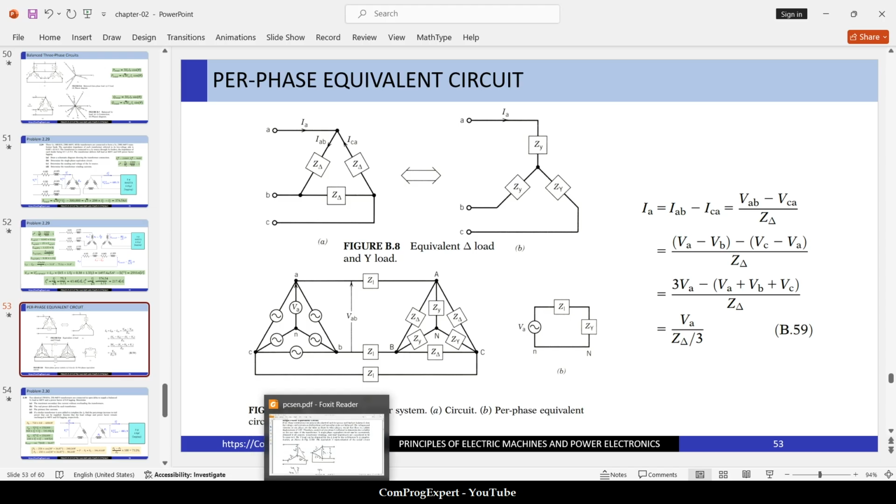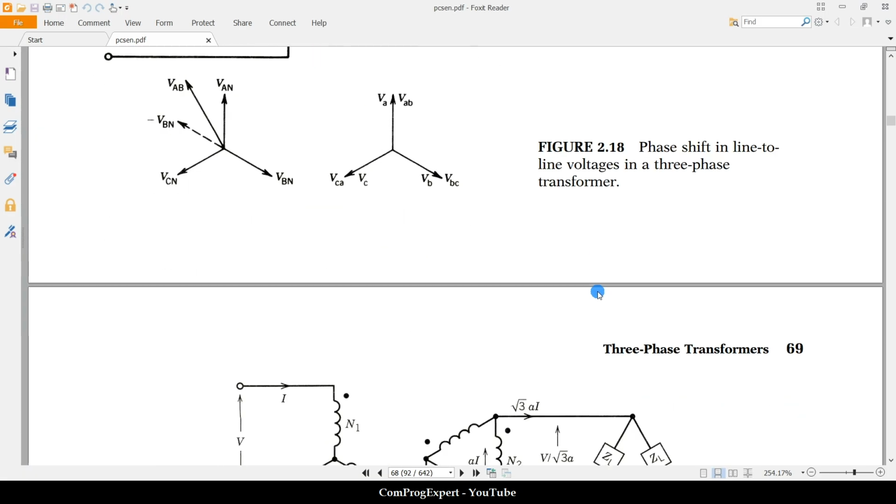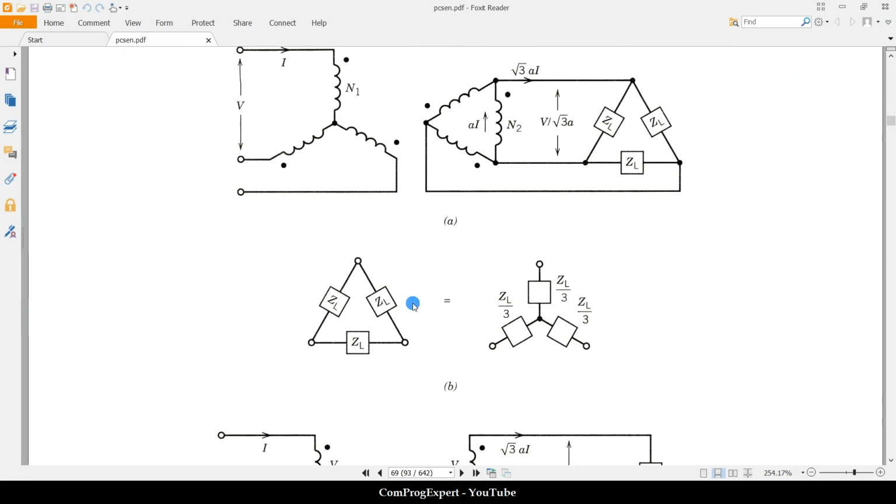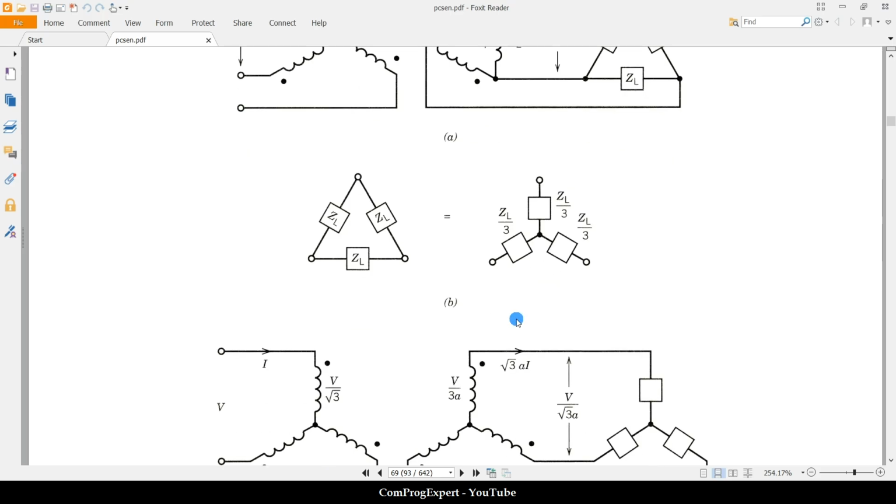You remember that Z for the Y is equal to Z for the delta divided by 3.